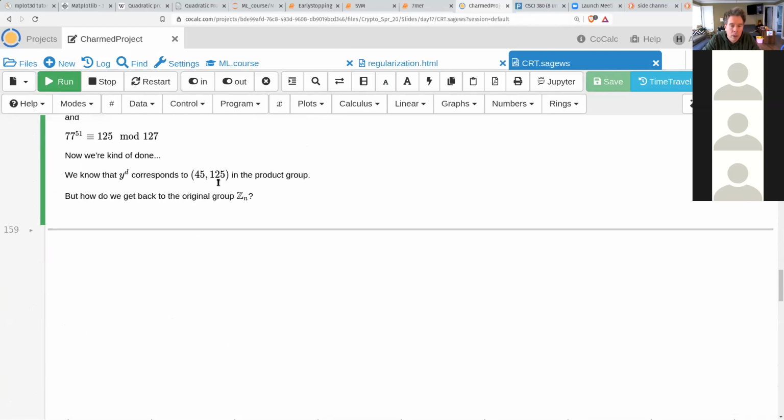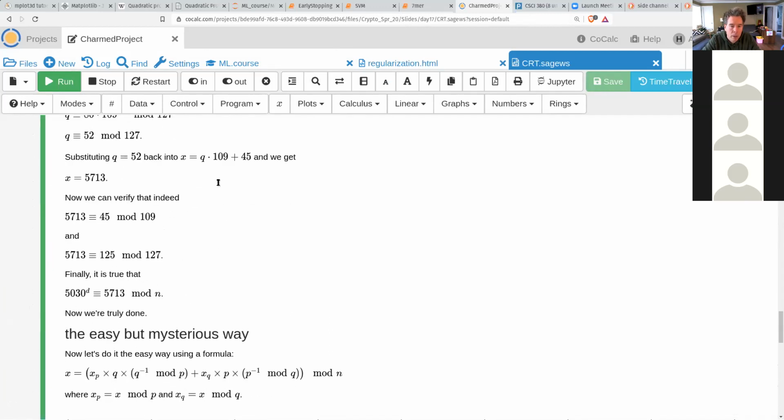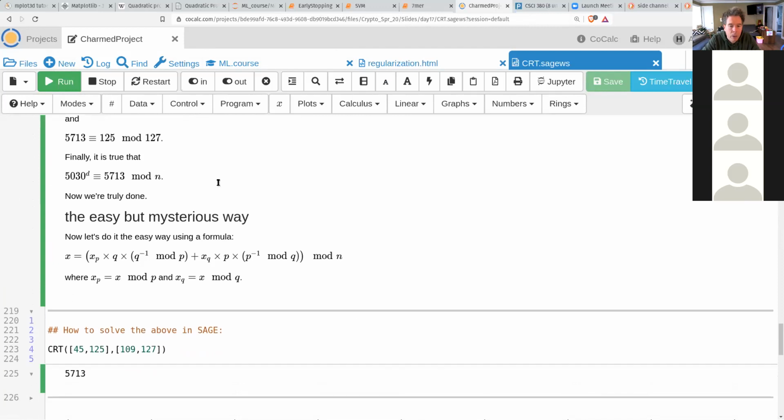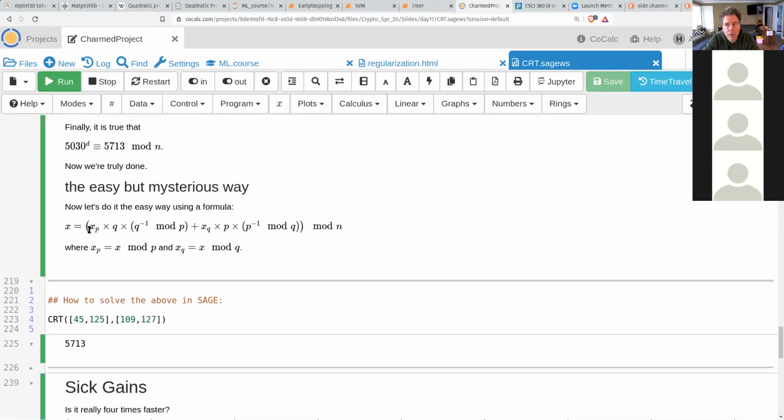So you can read through this if you want to see more examples. There's also this formula. I did algebra to go from mod 7 and mod 11 back to mod 77, but there's a formula for going straight there. This is the kind of formula that a computer would actually use.